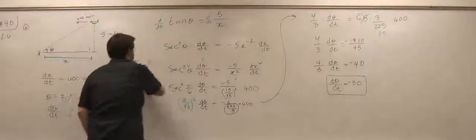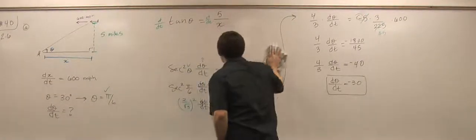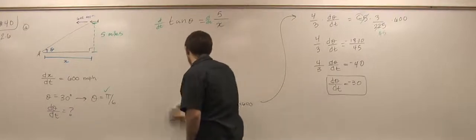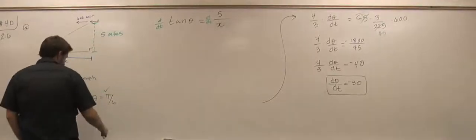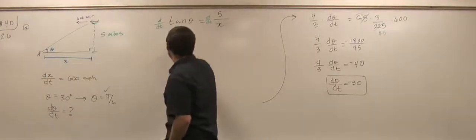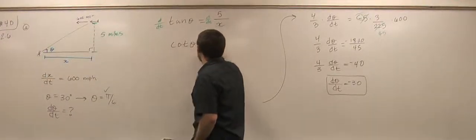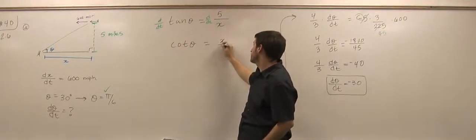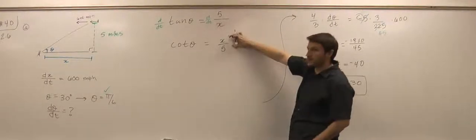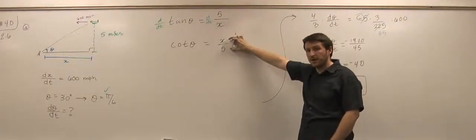You see how that simplifies things a little bit? You get rid of the x on the bottom, because cotangent of theta is the reciprocal of tangent, so it'll be x over 5. And now you have your variable on top instead of on the bottom.